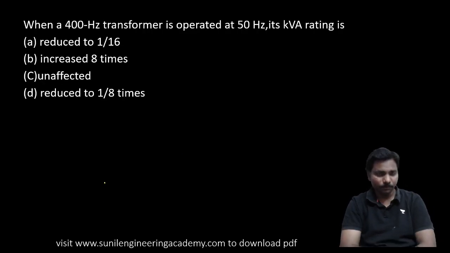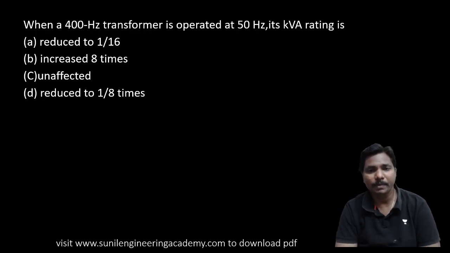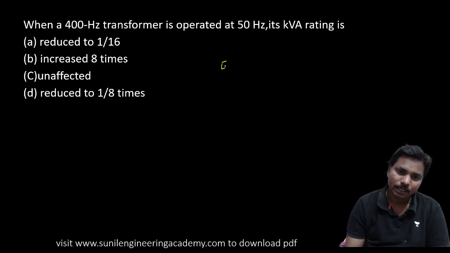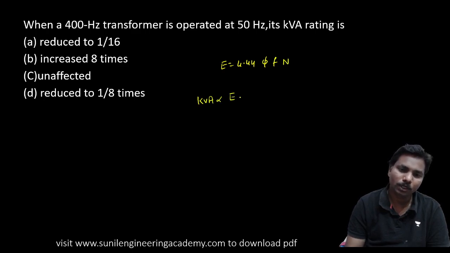Coming to the next question. When a 400 Hz transformer is operated at 50 Hz, then its KVA is dash. That means here the frequency is reduced. Just now we discussed EMF is equal to 4.44 phi f N. KVA is proportional to voltage, that is proportional to EMF, that is proportional to frequency.